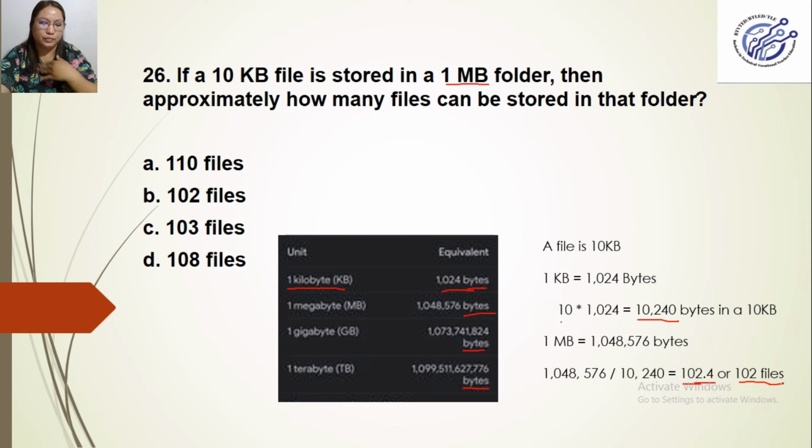So, hindi natin yan i-round off kasi hindi naman po tayo pwedeng magsave ng 0.5 lamang po na file. So, yung sagot po natin sa number 26 is letter B po, 102 files.